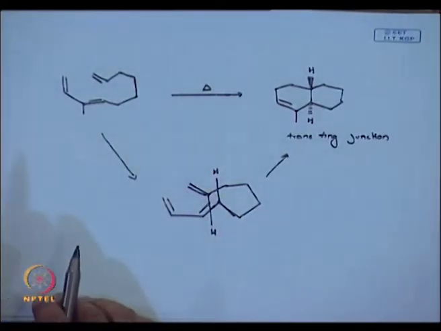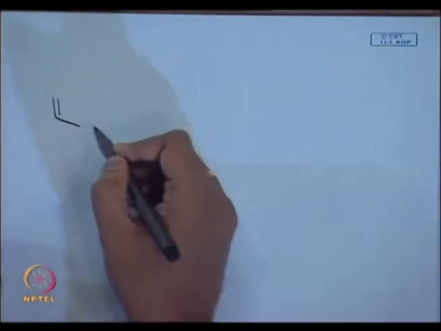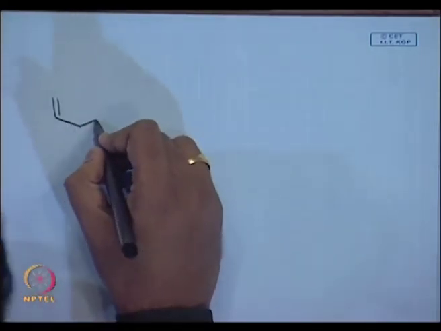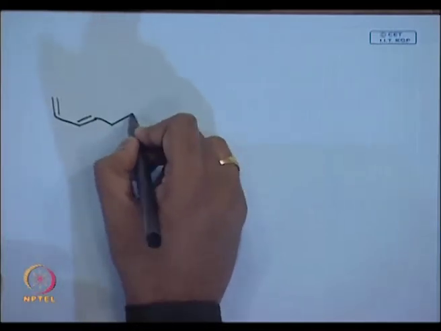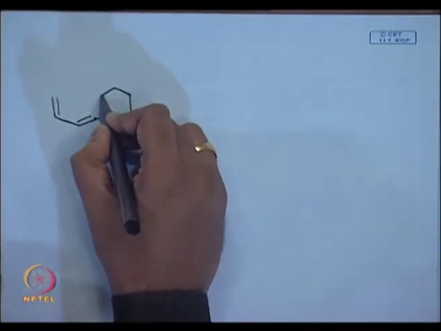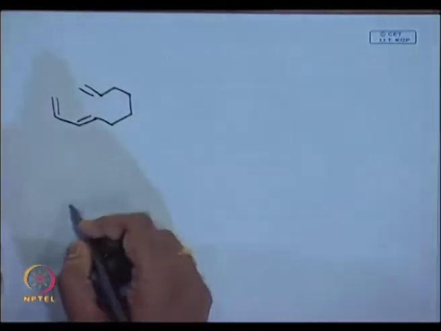Clear. This whole chemistry becomes a little bit interesting once you have a carbonyl. Same system, same Diels-Alder. If I have a carbonyl, same substrate, I am taking the same substrate now. This is the same substrate I was talking about in the earlier case.